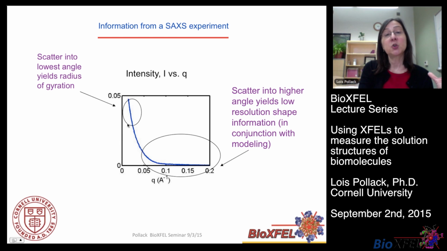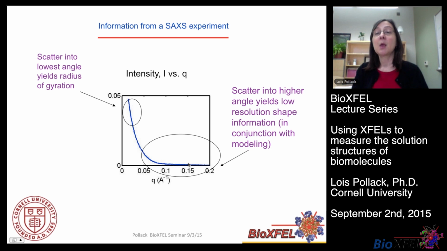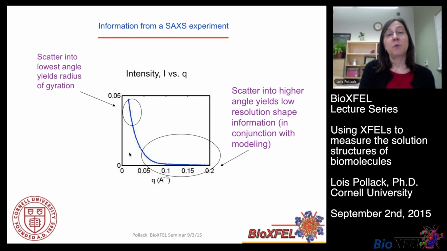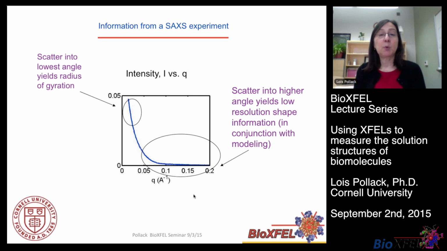And as you go to larger and larger Q, or larger angle, you get information about smaller length scales in the problem. So Q, again, is inversely proportional to a length scale. Large length scales here, small length scales here. And you can get low resolution shape information from this as well.